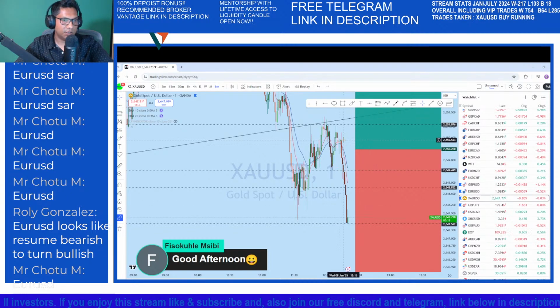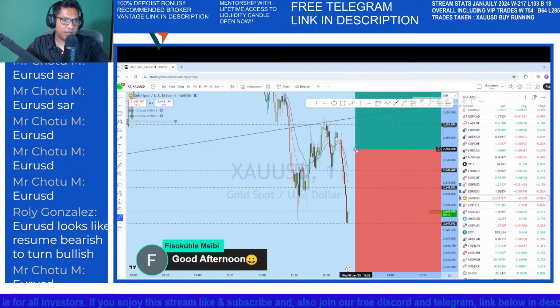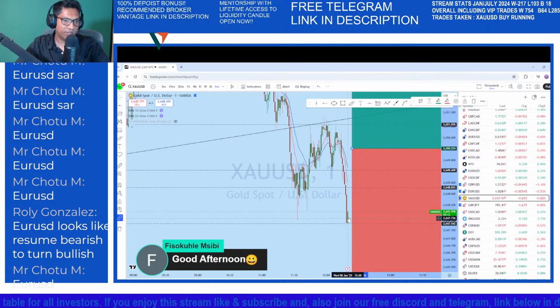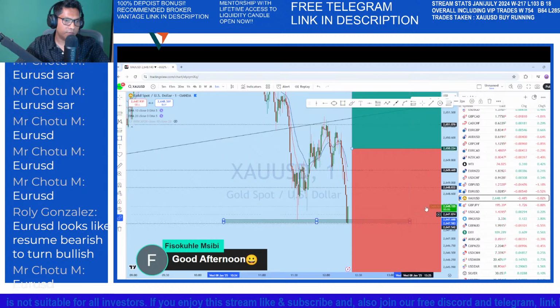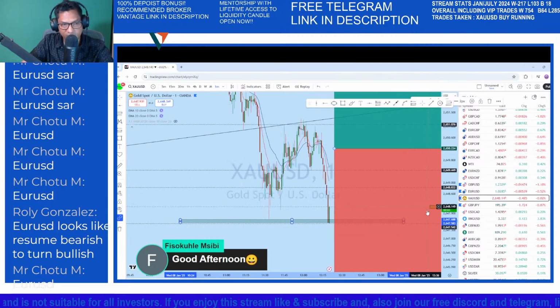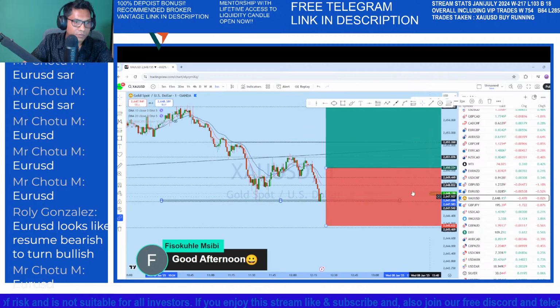here it has suddenly got a very strong rejection, and now we will be waiting to see, because it has broken that low. Okay, if it is rejecting, then we should be able to see that rejection from this support level here.